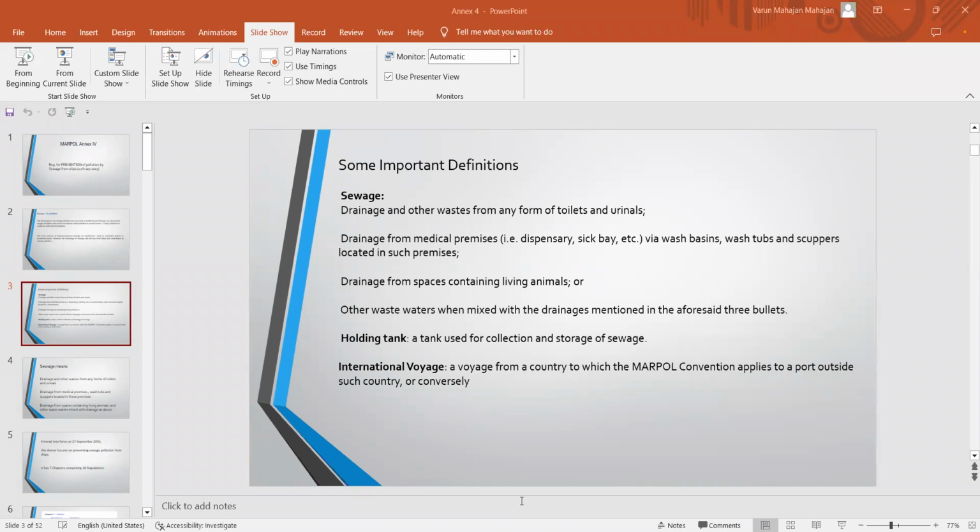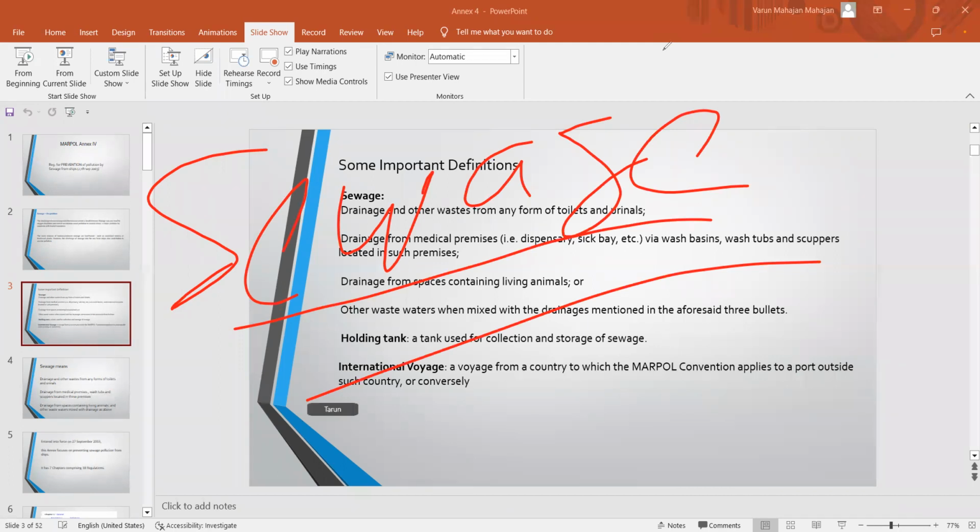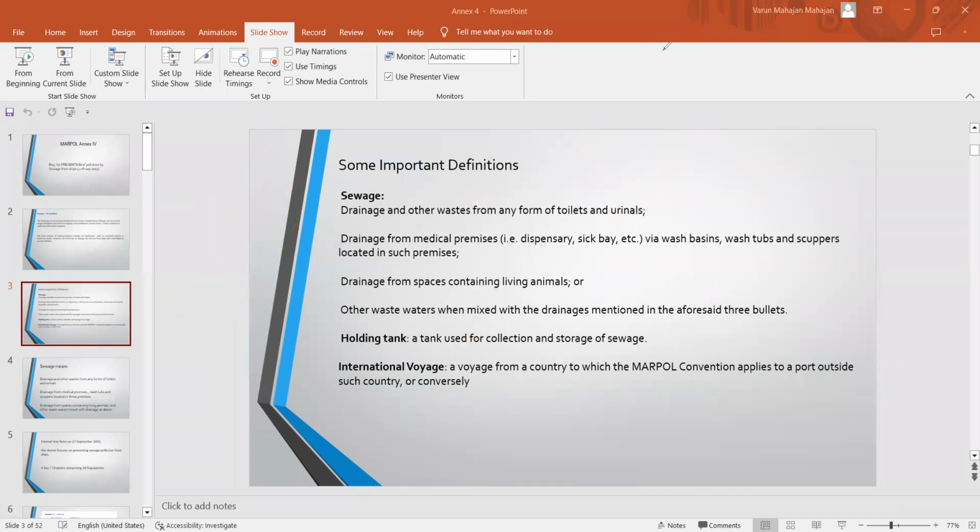Any drain from the hospital will be treated as sewage, irrespective of whether it is coming from a wash basin or bathtub or bathing area. Everything will be treated as sewage. Drainage from spaces containing living animals will also be known as sewage.